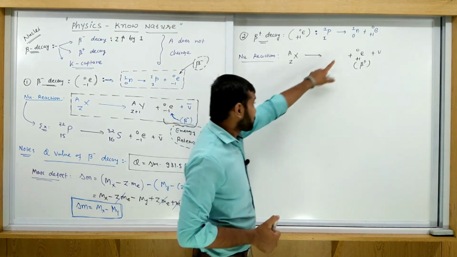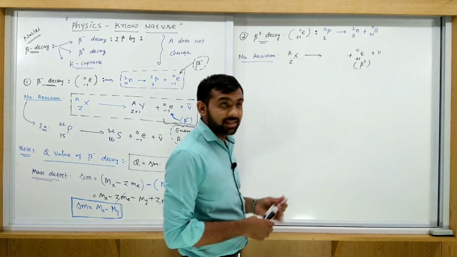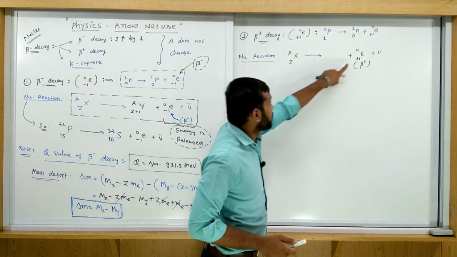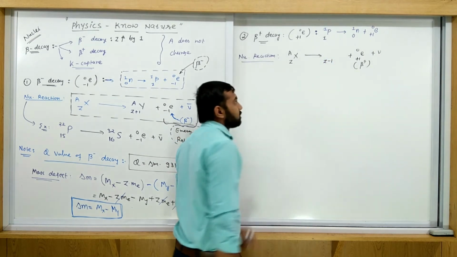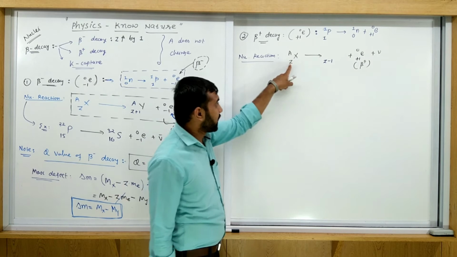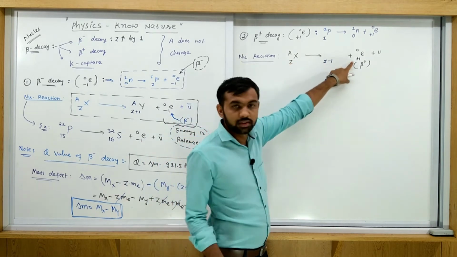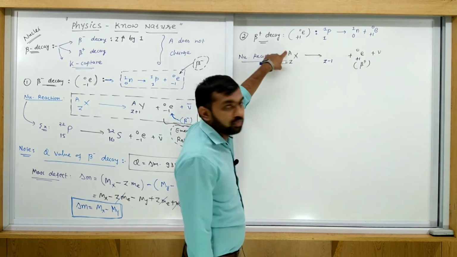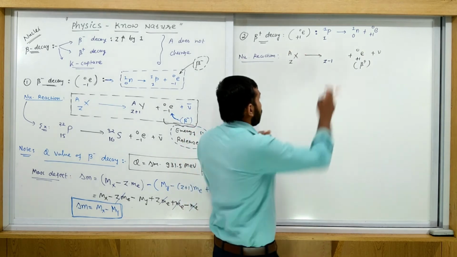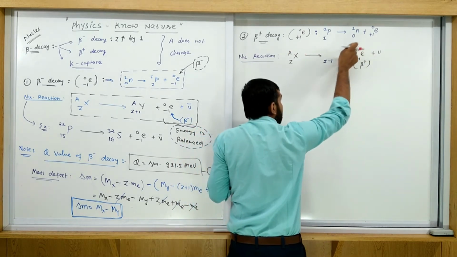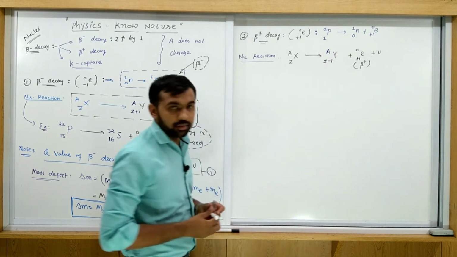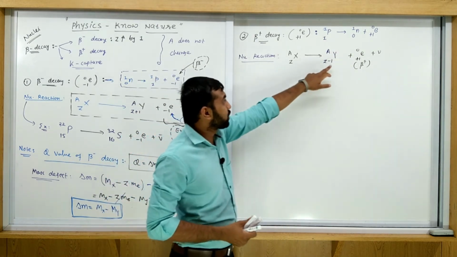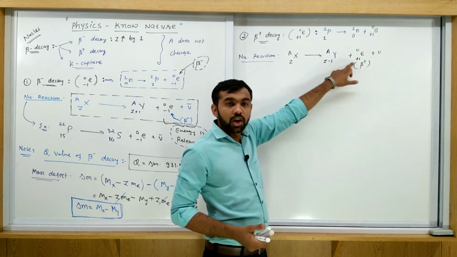Now what is the element here? So balance this relation. Here you have Z and here you write the plus 1, so here you must write Z minus 1. So the total is Z minus 1 plus 1, the same. Now here is A, there is no change here, so you must write A here, and that is the new element Y. So X is converted into Y and the beta plus decay occurs here.